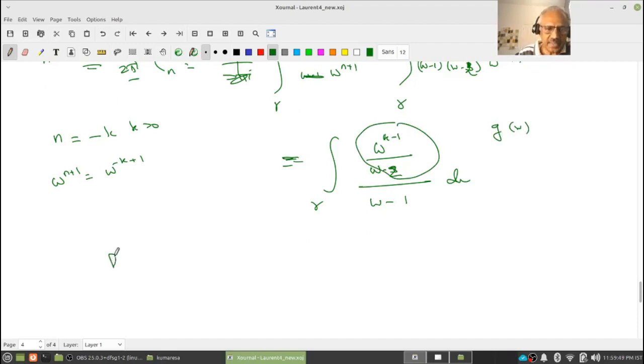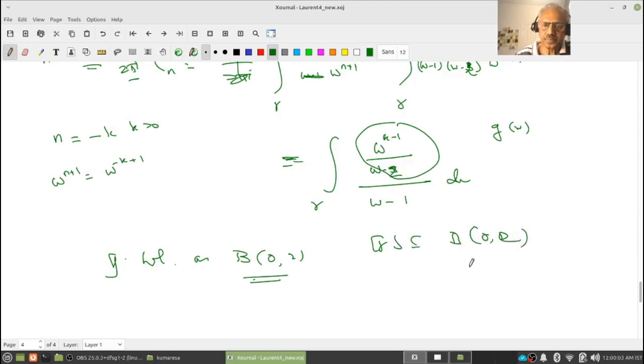Now notice that g is holomorphic on B02, right? And gamma is the closed path in B02, right? Therefore this is a Cauchy type integral formula. This is a Cauchy integral formula for this function, therefore it's a value of this function at 1.